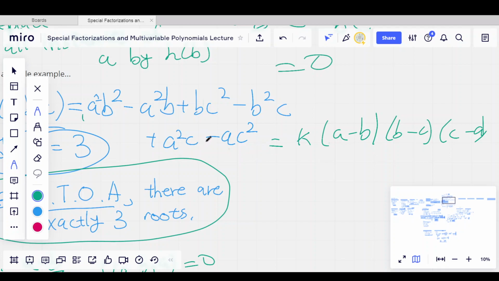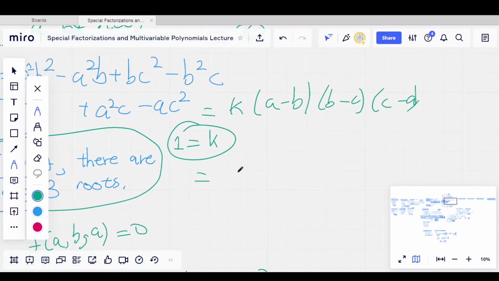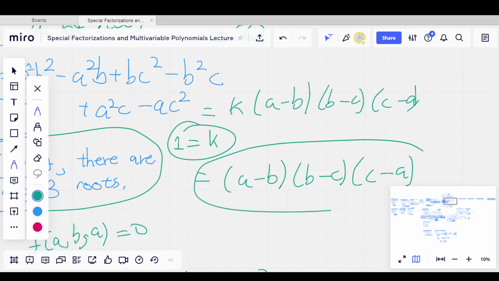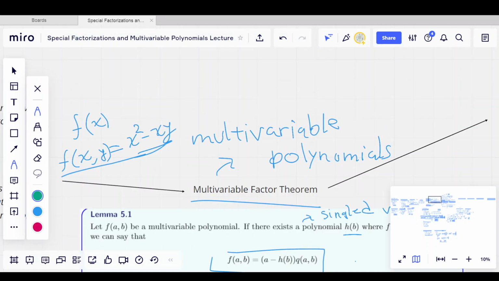Preferably you could use a equals 3, b equals 2, and c equals 1. And then you would get k equals 1. Oops. Oh, yeah. k equals 1. So once you have found that coefficient, you have the complete factorization.